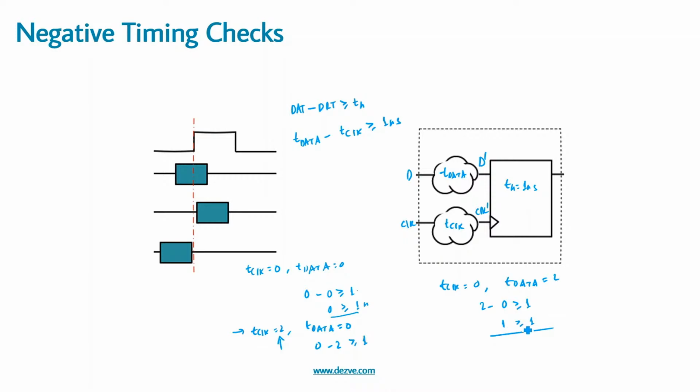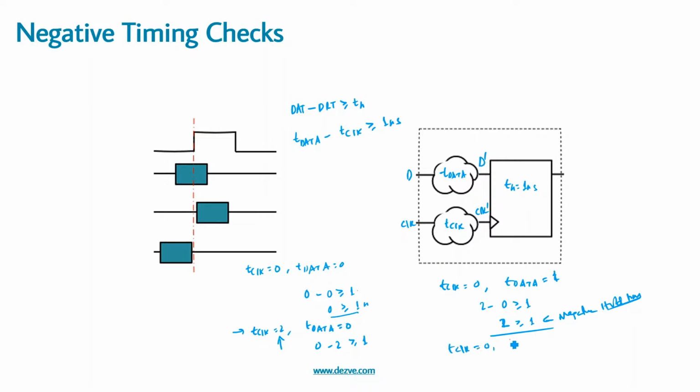Sorry, 2 greater than or equal to 1, so we have a margin of 1. So the whole improvement is that we are even allowed to change 1 nanosecond before the clock edge. So this results in again a negative hold time, correct?